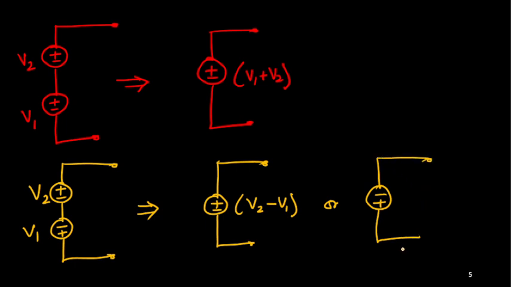That is possible. But in that case, I'll assume that V1 is there because it is along V1. If V2 is absent, its value is simply V1. Now V2 will try to oppose, reduce this magnitude because it is connected in the opposite way. So I will subtract V2 from V1. That's all. Okay, I hope this is very clear about this combination of voltage sources.